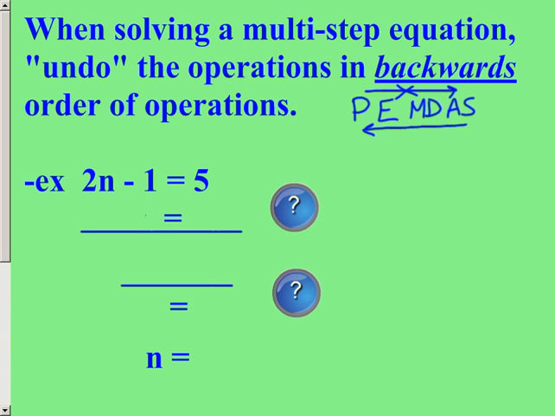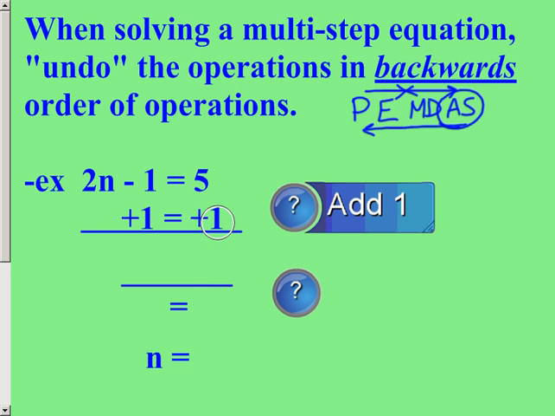So let's go ahead and take a look at the first problem: 2n minus 1 equals 5. We want to solve this equation. We're going to work backward in order of operations, so we look first for any subtractions or additions. We have a minus 1, so we're going to start by doing the opposite of minus 1, which is to add 1. We add 1 to the left side of the equation and add 1 to the right side.